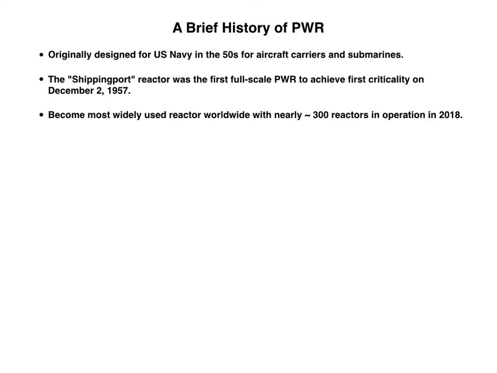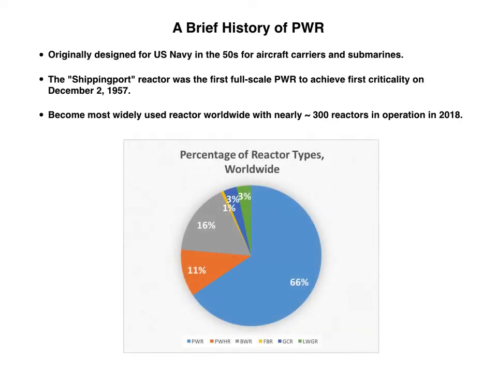However, the pressurized water reactor quickly grew to become the most widely used reactor in the world, with nearly 300 reactors in operation in 2018. As can be seen in this figure, the pressurized water reactor represents 66% of all the reactors worldwide.